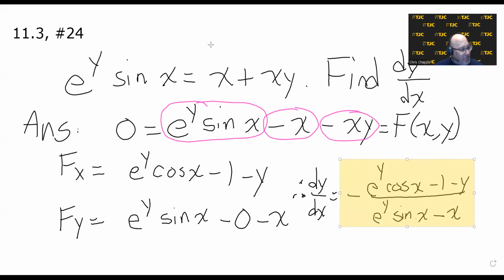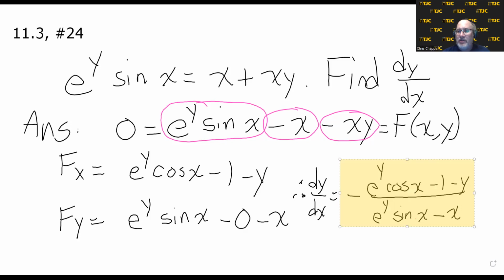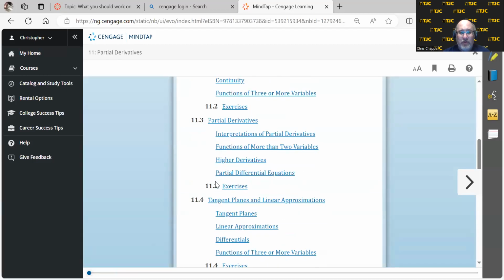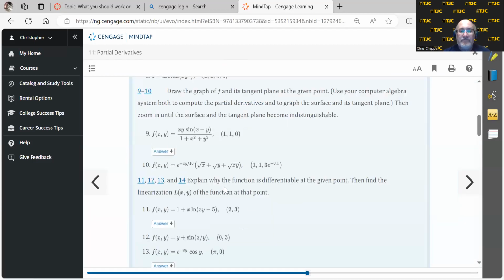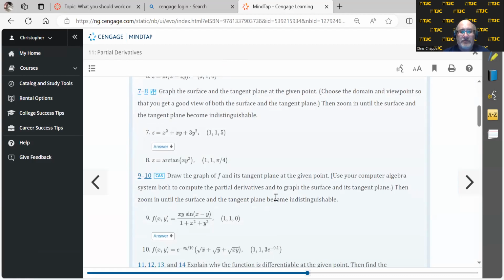They also asked about 11.4 number 14, so I haven't looked at that one yet. 11.4 number 14, let's go to it.